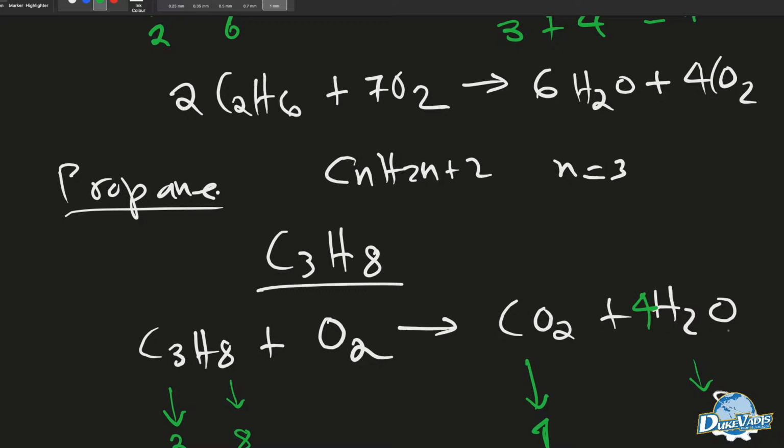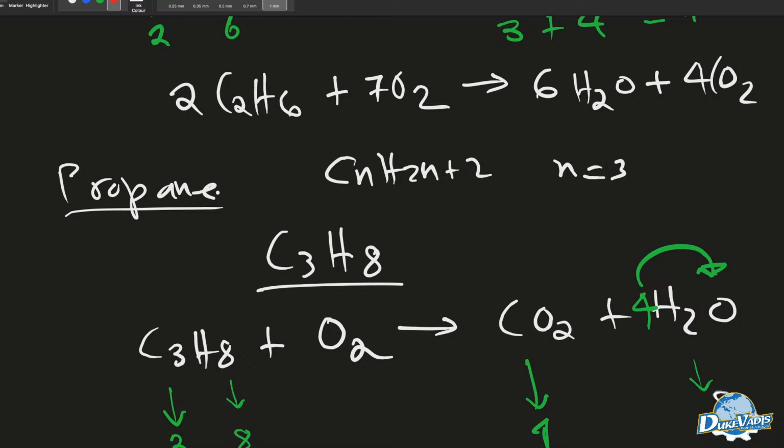Then the hydrogen on the right-hand side becomes 8, and the one on the left-hand side is also 8. What about the oxygen? Because of the introduction of the 4 over here, we have oxygen 4 here, plus oxygen 2 here, and that gives us 6 oxygens.